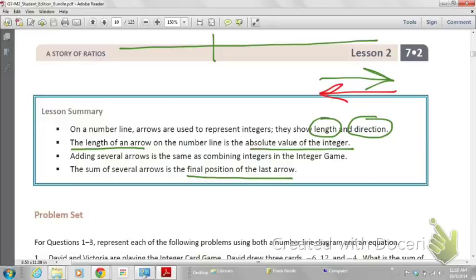I don't want to confuse many of you, but let's say it's 2 miles. You walk to the store, so you walked 2 miles, and then you walk back 2 miles, which is a -2. Where do you end up? You end up at 0. Here you are back where you started.